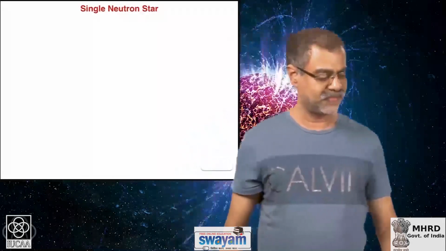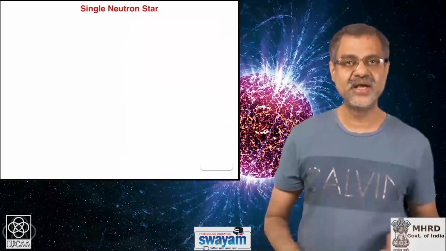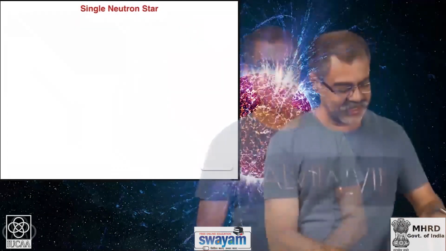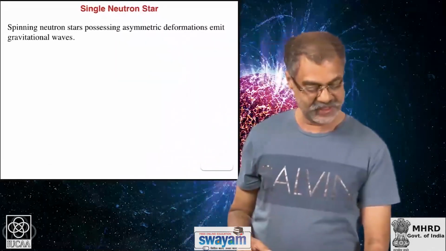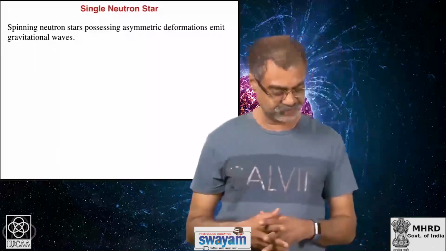So, when it comes to neutron stars, there could be another source of radiation, that is called the single neutron star. Again, neutron stars have a mass of approximately 1 to 2 solar masses, and their size is of the order of tens of kilometers.